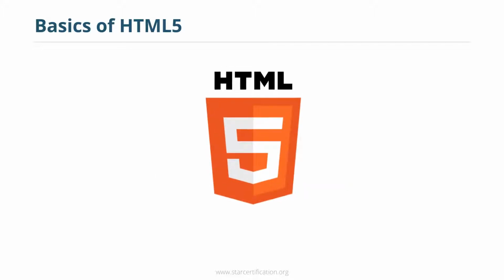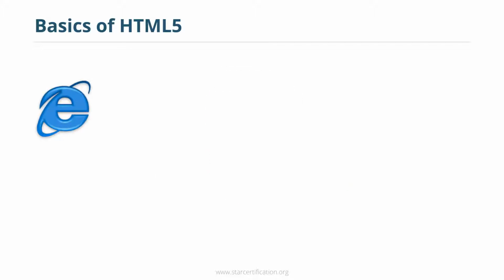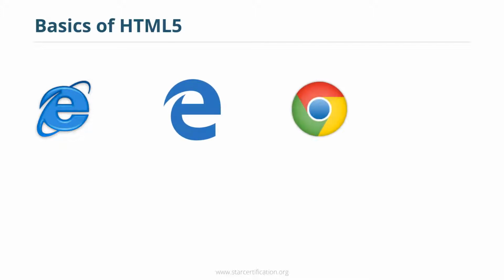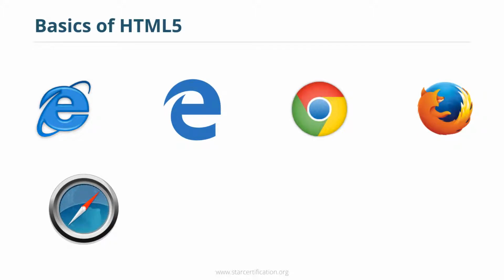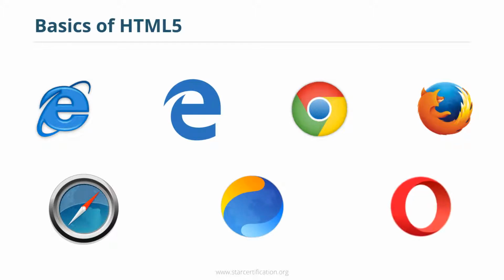Browsers that support HTML5 are IE9 and above, Edge 12 and above, Chrome 4 and above, Firefox 3.6 and above, Safari 5.1 and above, Android browsers, and the Opera latest versions.